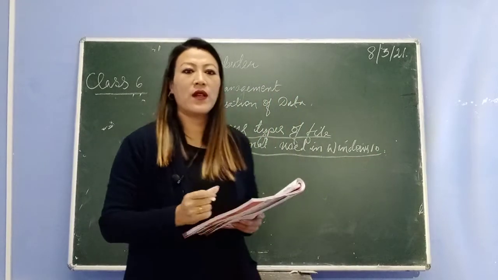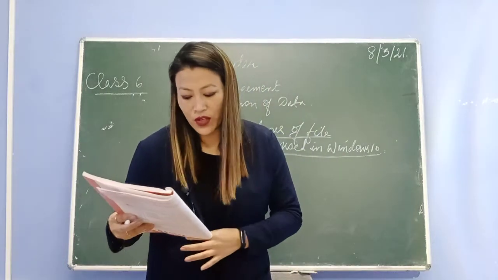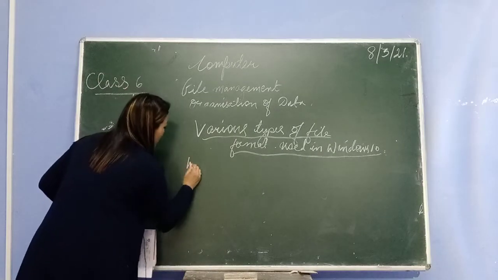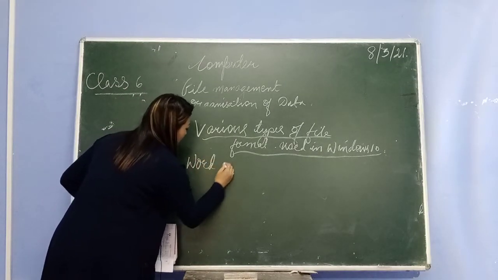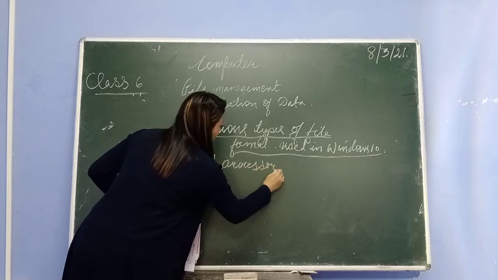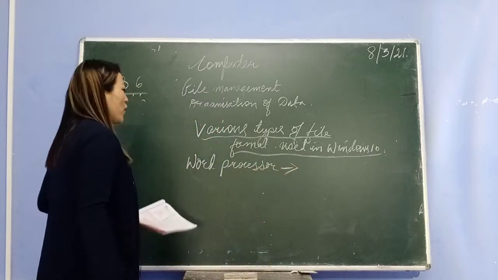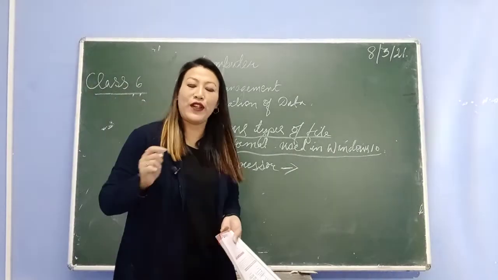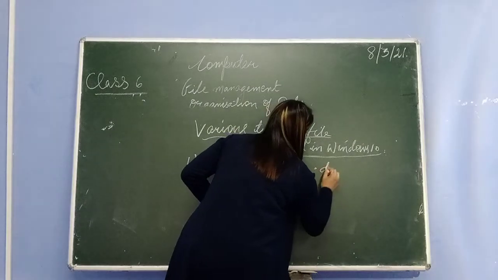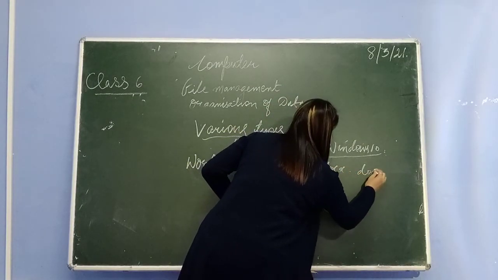You can note this down. The first one is the word processor file, as I told you, Microsoft Word. If you have created a file using a word processor, then automatically your file will be saved as file name .docx or .doc.